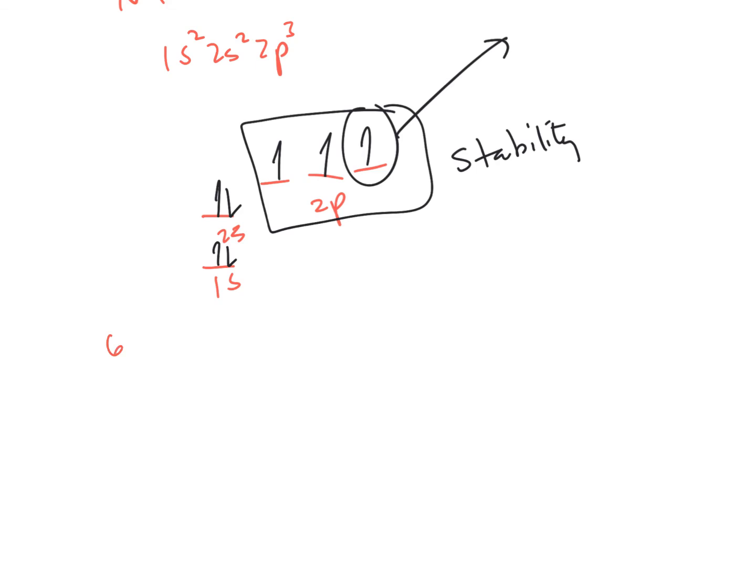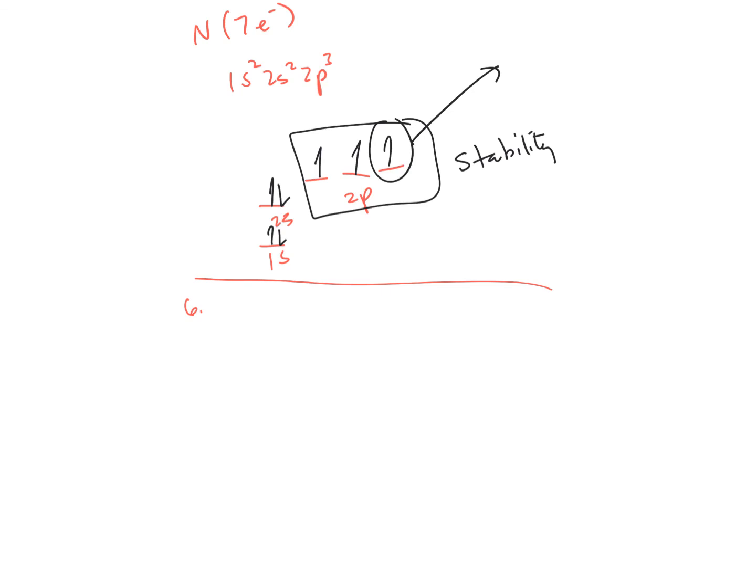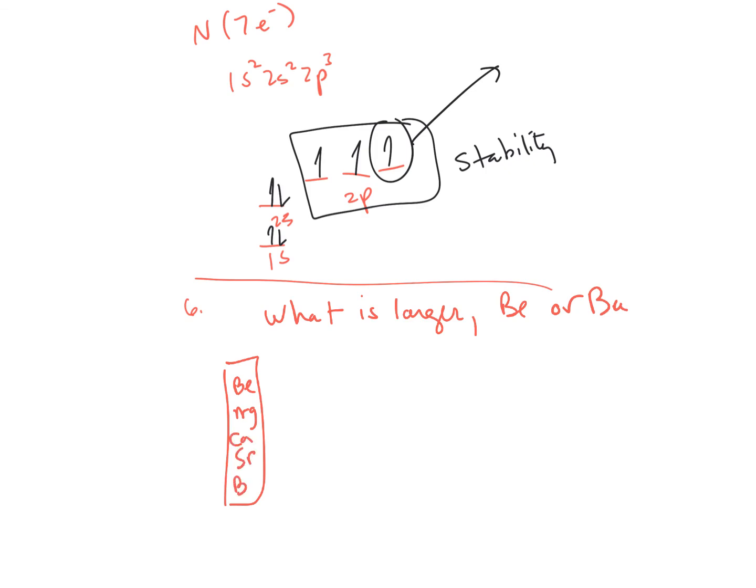Number 6 just has to do with sizes in general. So the question is, what's bigger, beryllium or barium? So which one is larger, beryllium or barium? Okay, so the other thing about the size is that if it's in the same group, so you have beryllium, this group 2, magnesium, calcium, strontium, barium, like that.